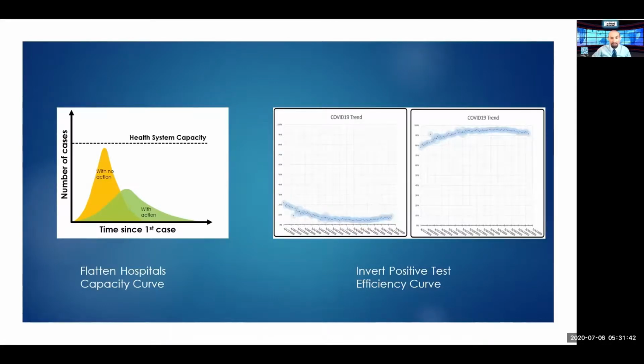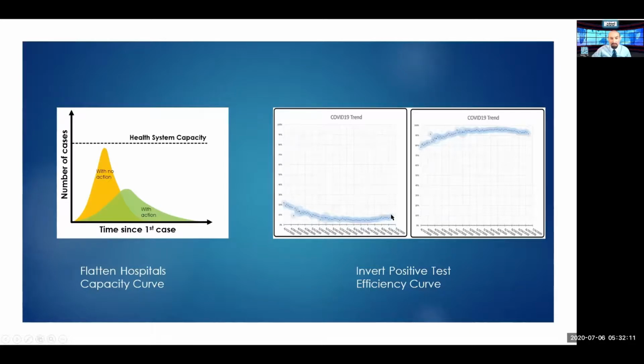Well, on the other hand, if you look at inverting the positive test efficiency curve, where it stands right now at around 10%, and we're looking now at a linear scale, the positive test efficiency curve is very low. It stands now, as we mentioned, at 10%. No one accepts a process that's 10% efficient.